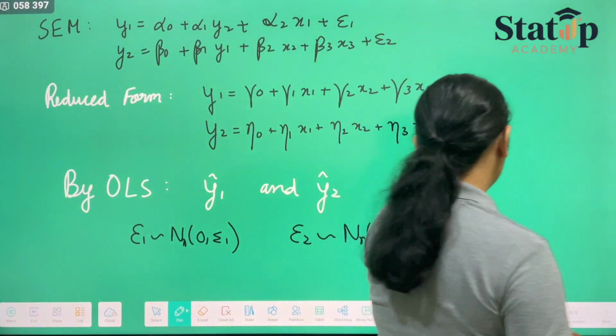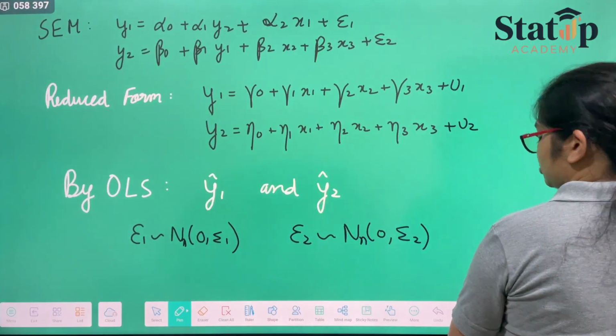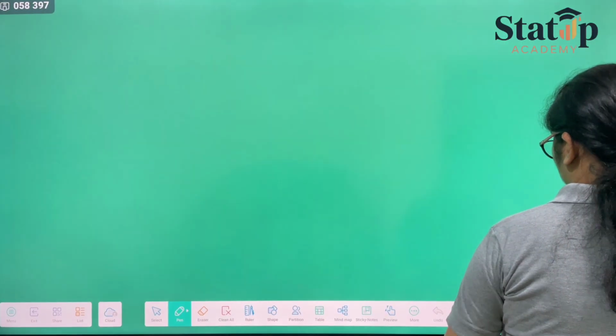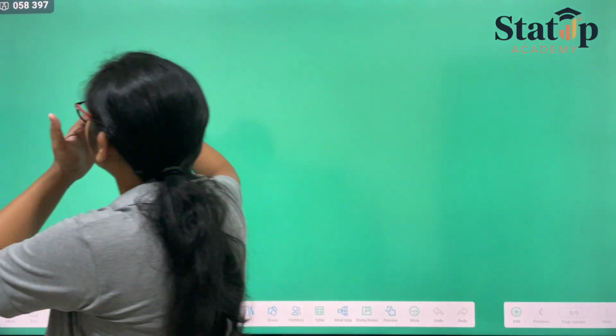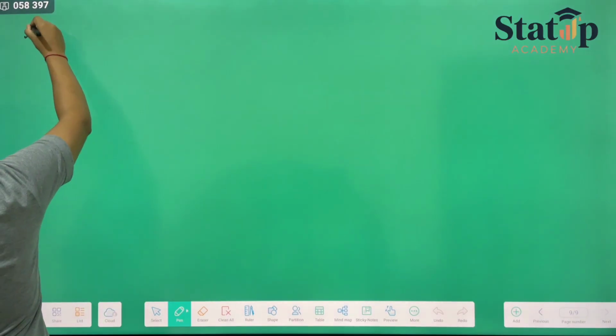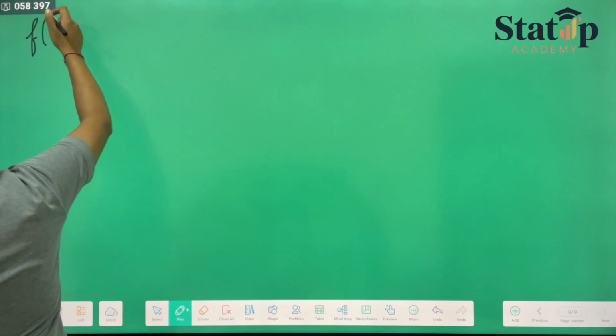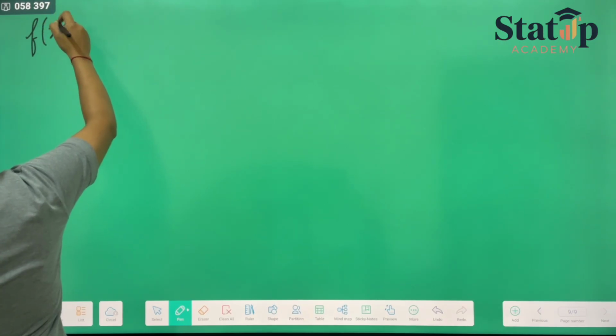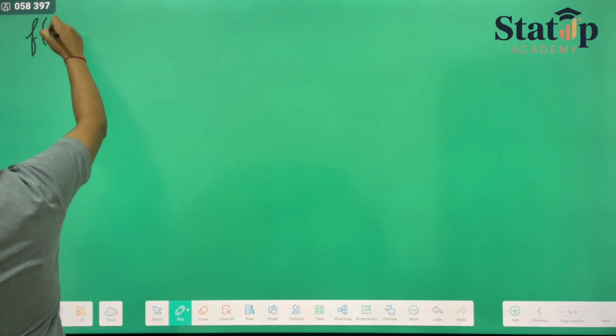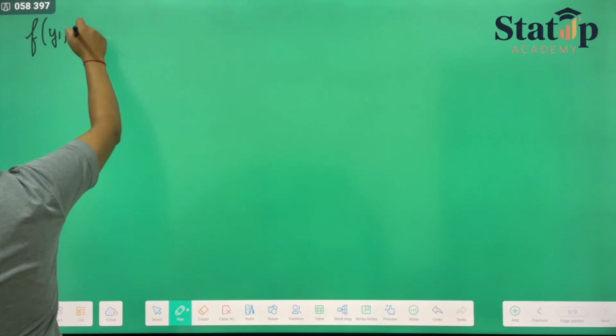Now what is the change in this method? The change is that we have to find the PDF of y1 and y2.